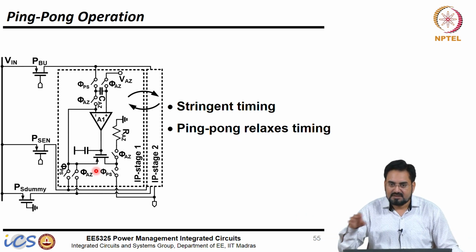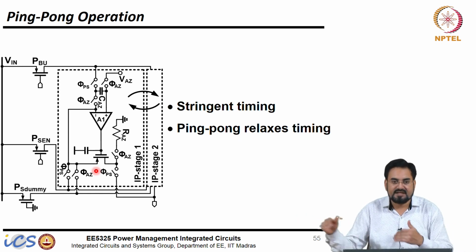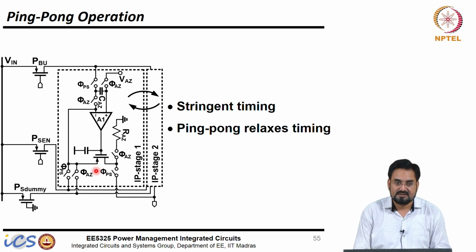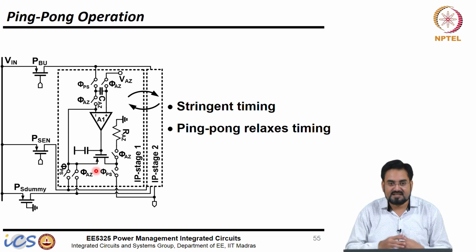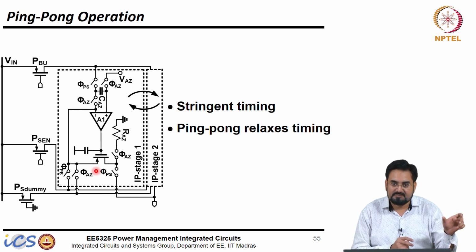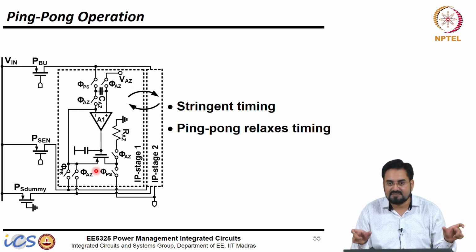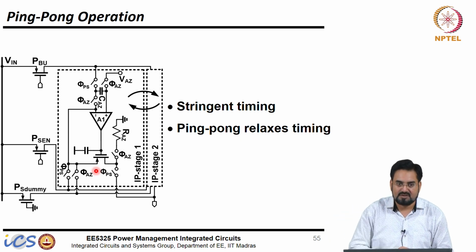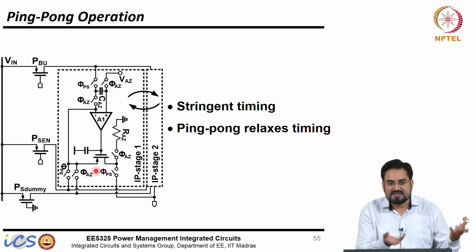Because you need continuous monitoring of the current here. The offset cancellation happens in one phase you sample, other phase you cancel the offset, but here we require continuous monitoring of the current. So you cannot put this in the auto zero mode, otherwise you will miss the current.